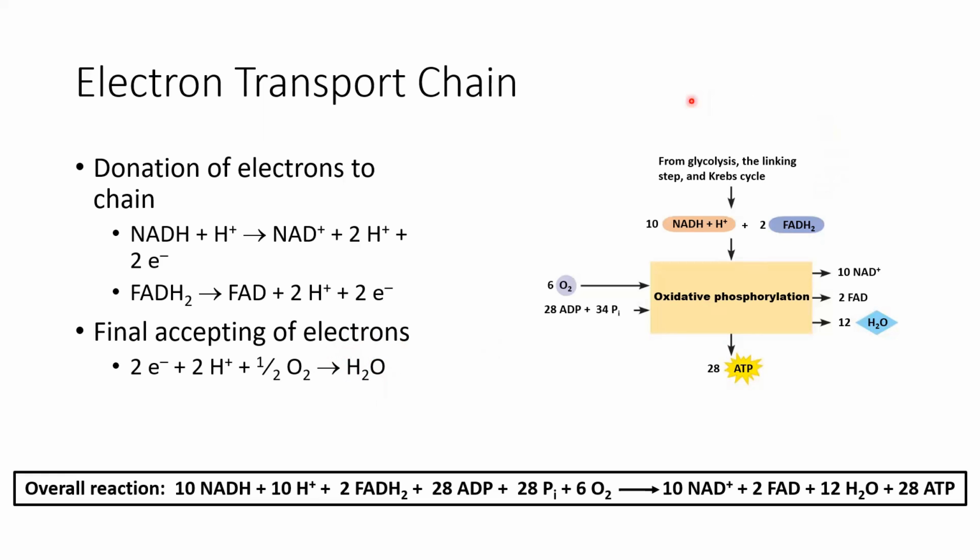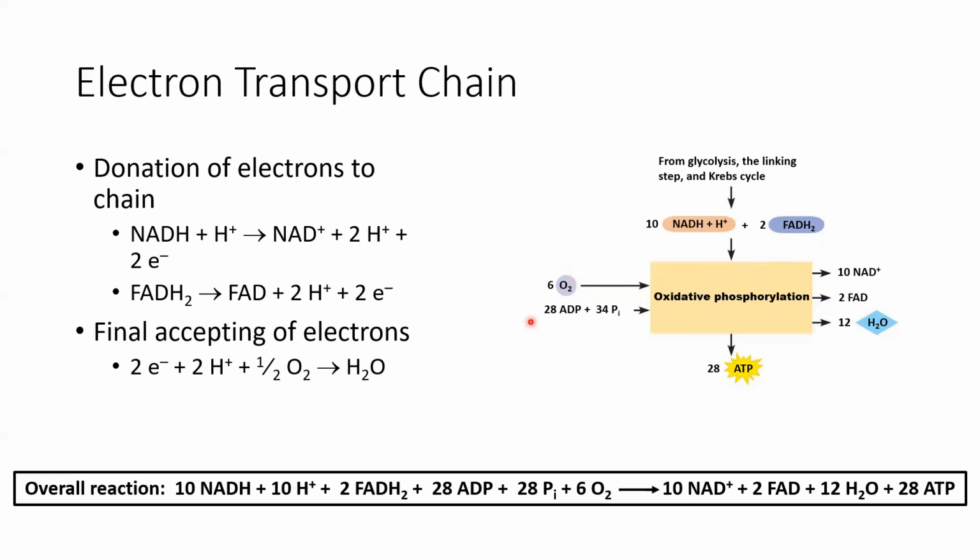Okay, so just recapping what's happening on this side: glycolysis, the linking step, the Krebs cycle. They're making 10 NADH plus 2 FADH2. All of that is being shuttled off to the mitochondria for oxidative phosphorylation. We're going to invest oxygen, right? Remember I said this is the whole point of us breathing oxygen in, is for it to be present here to accept those electrons.